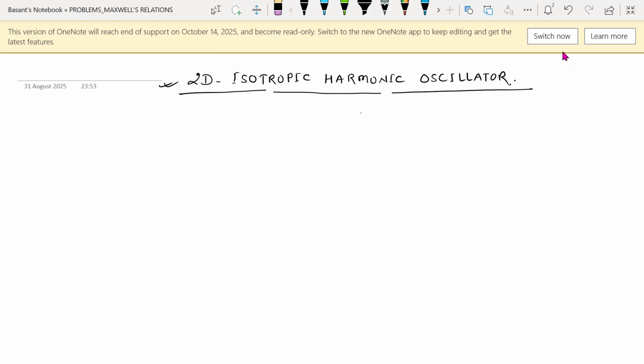The simple model of this system is as follows.